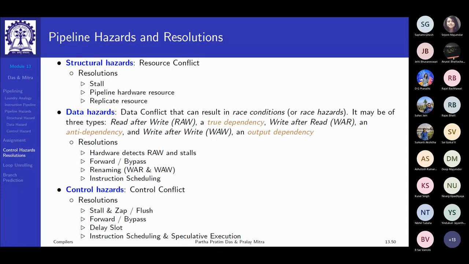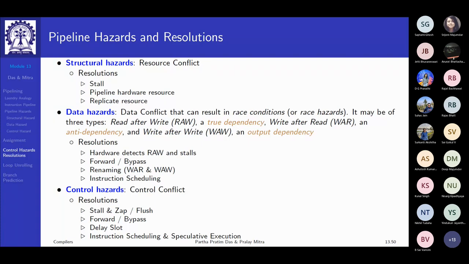The hardware also has forward and bypass, which we can make use of to make decisions faster. But what is interesting is many pipeline architectures provide a delay slot.